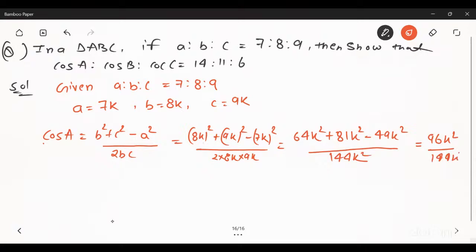So the k square term will be cancelled. 16 6s are 96, 16 9s are 144. Now if you cancel it, you will get the value of cos A as 2 by 3.